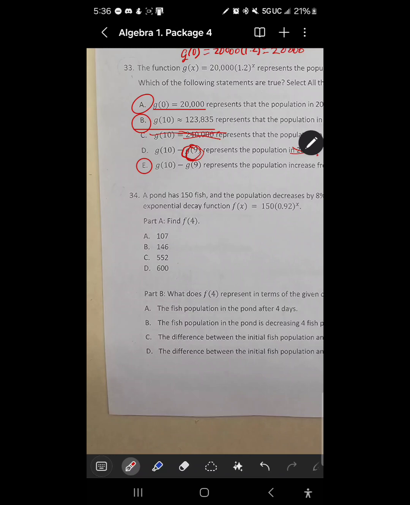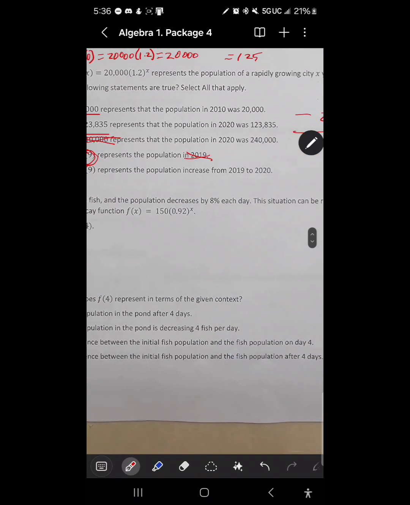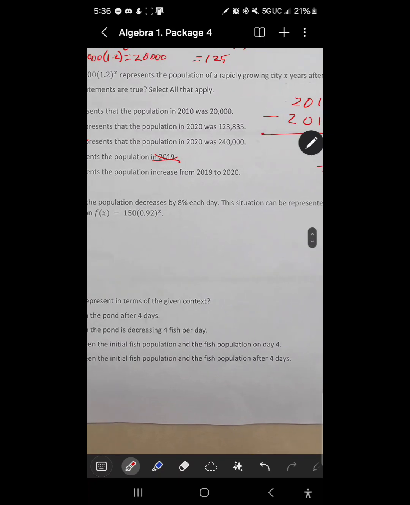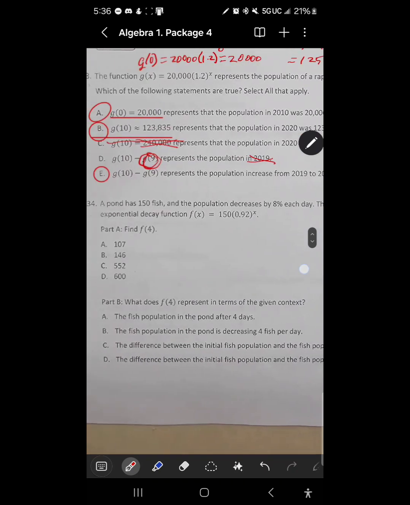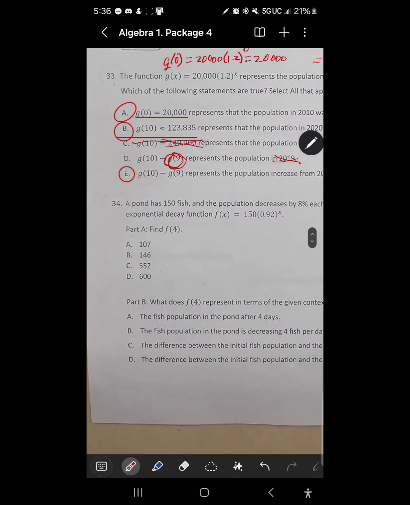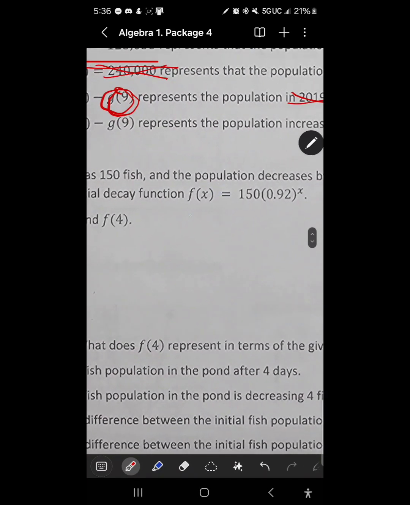I'm sorry, a pond has 150 fish, and the population decreases by 8% each day. Okay, they actually give you the equation, so it's not that bad. The situation can be represented with the exponential decay function, and they just say find f(4).